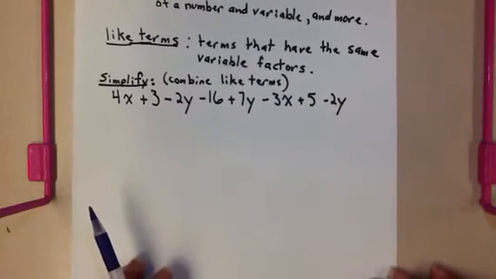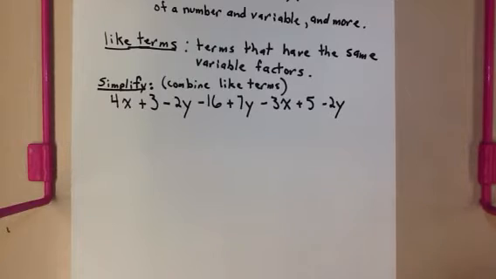So let's do a practice problem of simplifying an algebraic expression by combining their like terms. Now, what I like to do when I simplify is use different colors to organize my like expressions.